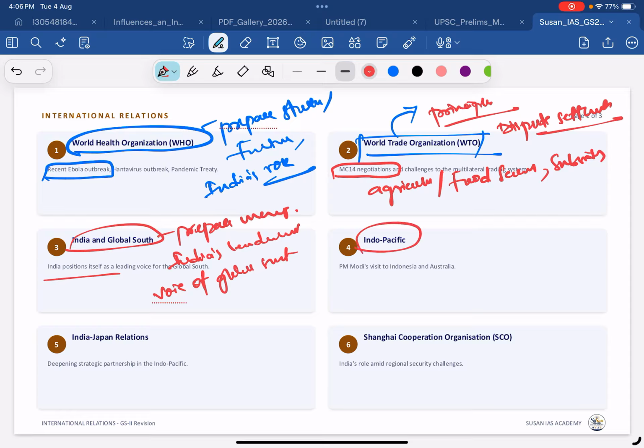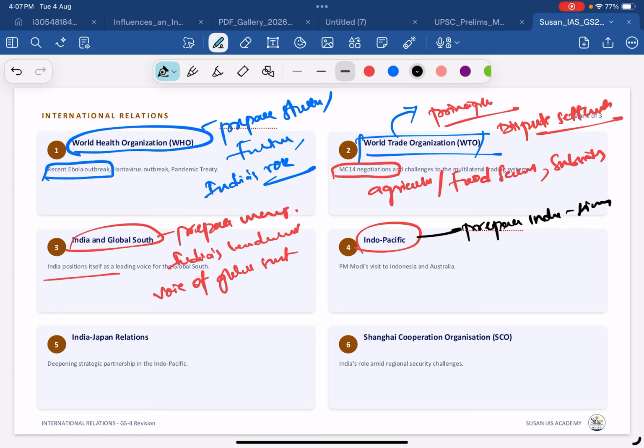And Indo-Pacific, what happened? Prepare India's vision. The PM's recent visit to the Indian Ocean region and Australia has happened, right?